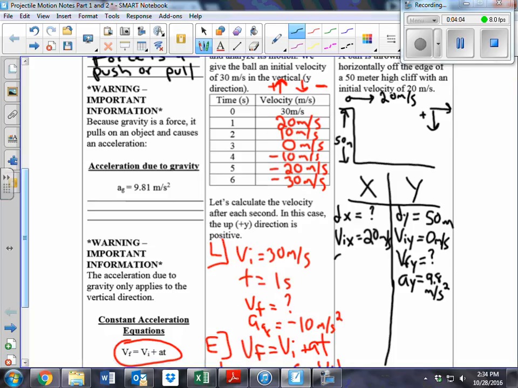Now, here's the thing. We are ignoring air friction, and because we're ignoring air friction, there's no force to cause an acceleration. Remember in the previous gravity notes, force causes an acceleration. Because on the x-axis there's no force, I could say that my acceleration on the x-axis is 0 meters per second squared because I have no acceleration.